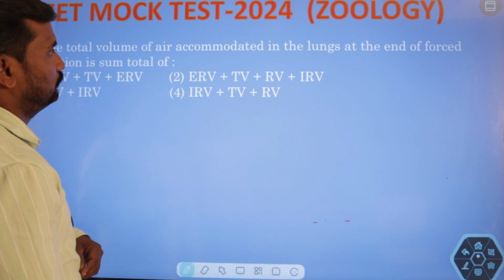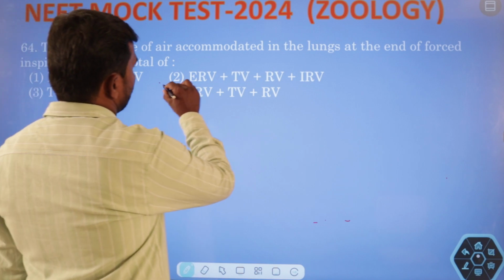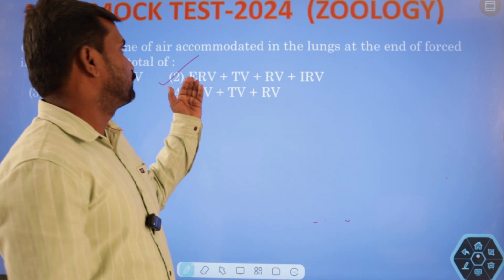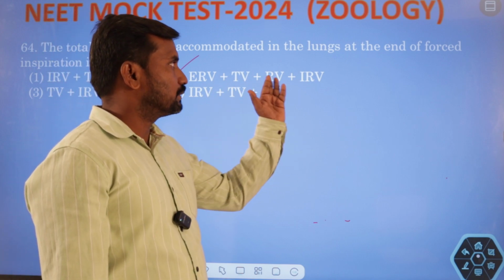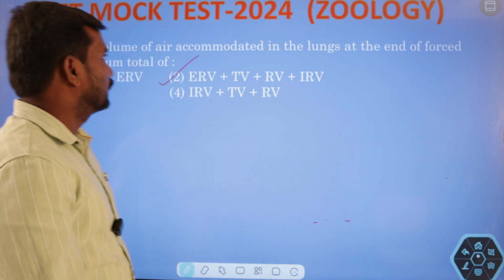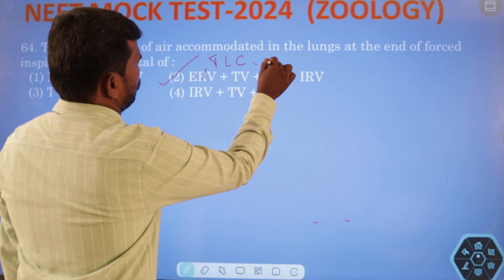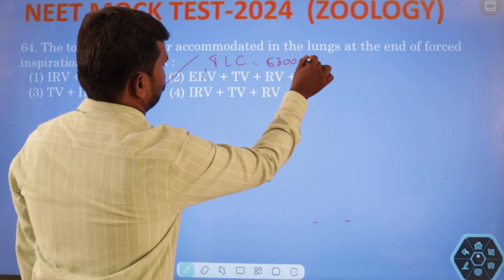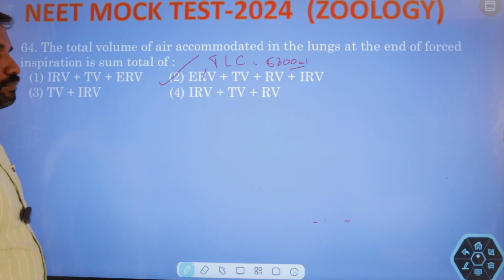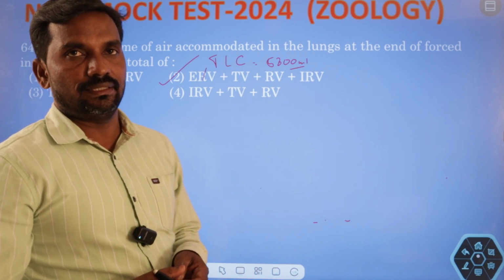Total lung capacity, TLC, is equal to ERV plus TV plus RV plus IRV: expiratory reserve volume plus tidal volume plus residual volume plus inspiratory reserve volume, collectively called total lung capacity. Total lung capacity is approximately 5800 ml. TV plus IRV is called inspiratory capacity. Remaining things we will discuss in the next video.